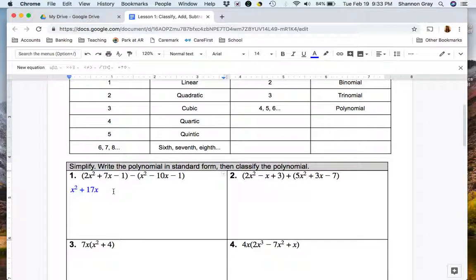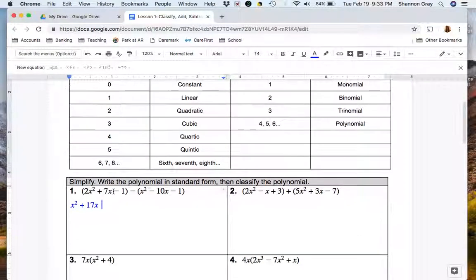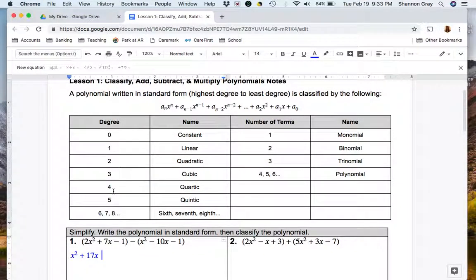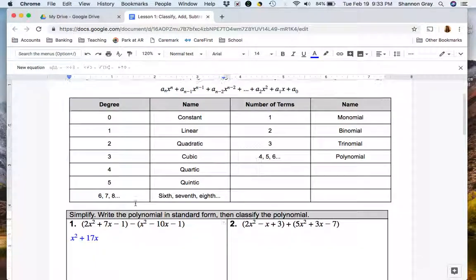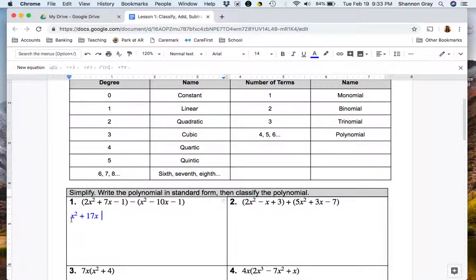Now we're going to classify the polynomial. When we classify polynomials, we give it a first name and a last name. The first name comes from the highest degree. This degree column right here refers to the highest exponent or the largest exponent. So in this case, it would be 2. If the highest degree is 2, the name we give that type of polynomial is a quadratic. So this is a quadratic.